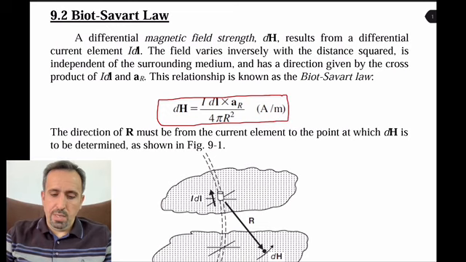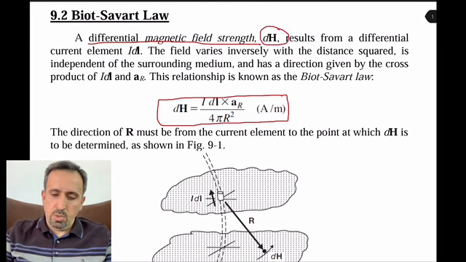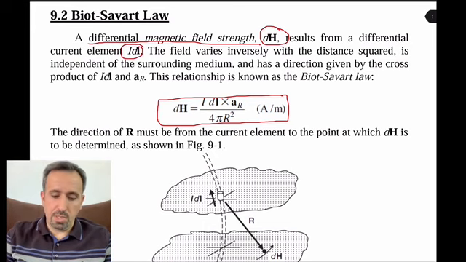Mainly it is calculating the differential magnetic field strength dH, which results from a differential current element I dL, as will be seen here in figure number 9.1.